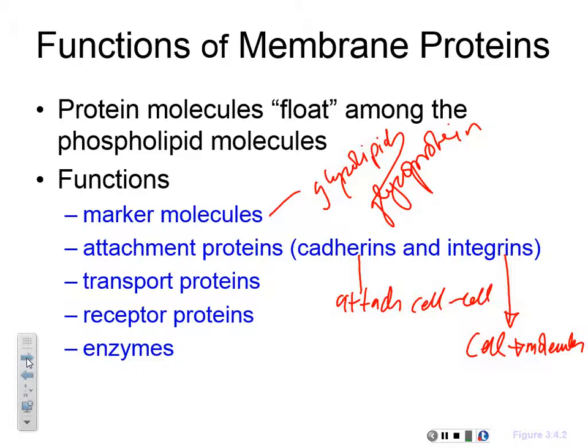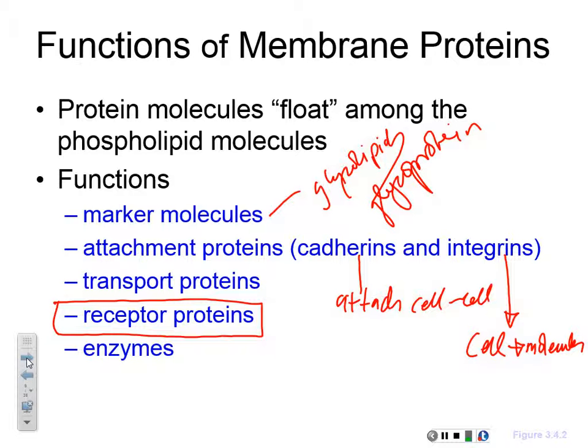inside the cell. So integrins, we could actually say receptor proteins are kind of specialized integrins, because receptor proteins will attach to a ligand from the outside and then will affect the function inside of the cell, right?